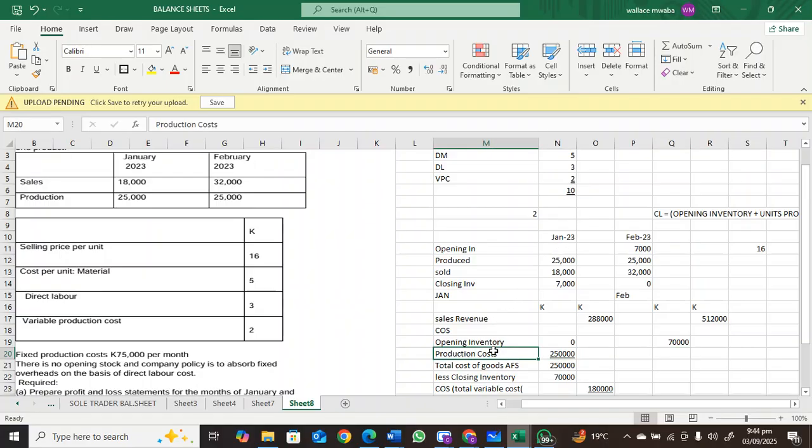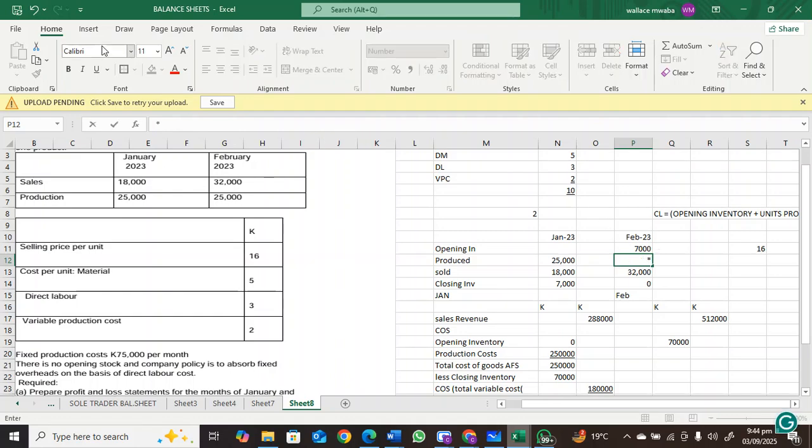Production costs, we produced 25,000 in February, and we're valuing it at 10 kwacha, so it's the same, 25,000 times 10 kwacha per unit. We'll put 250,000. So it's the same amount here, 250,000.